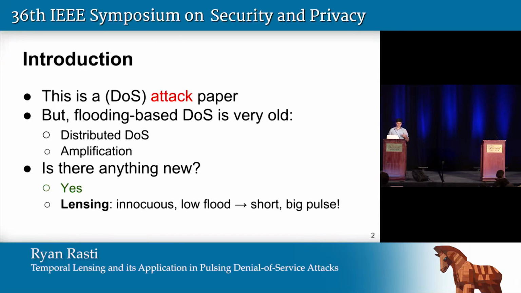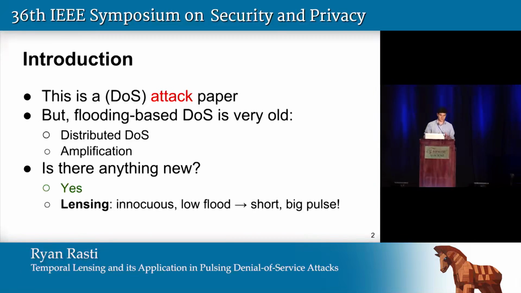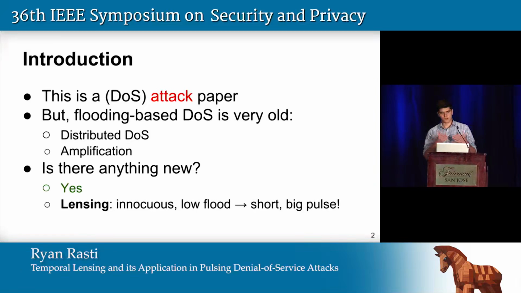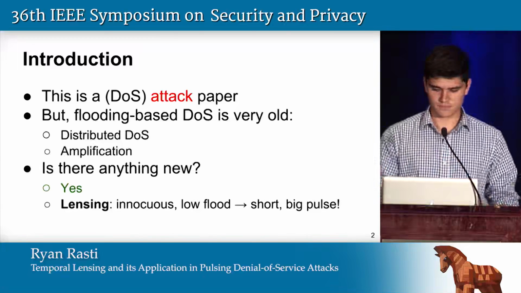Using something called temporal lensing, which we develop here, we can take a low bandwidth flood from an attacker and change the packet arrival times at the victim so that this low flood turns into a short but large pulse.